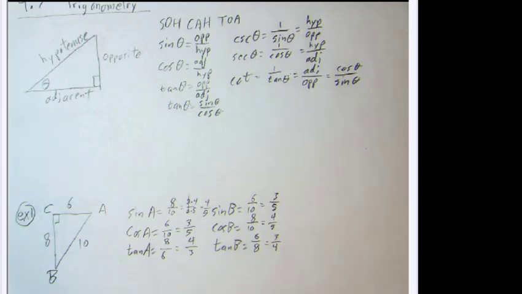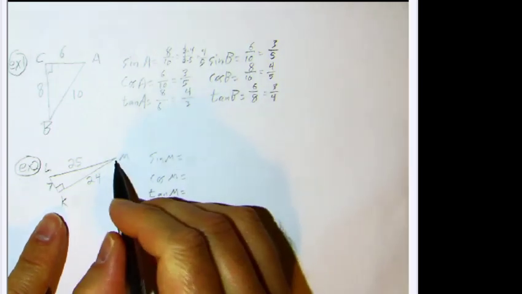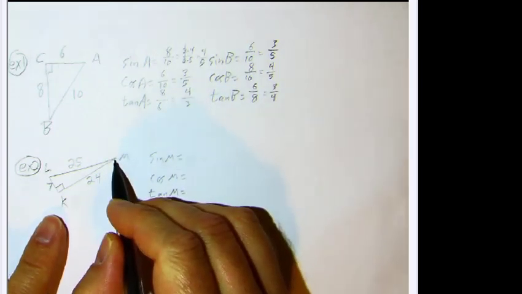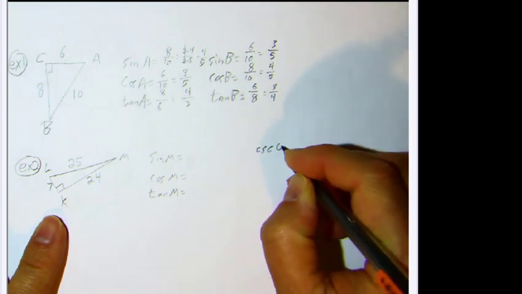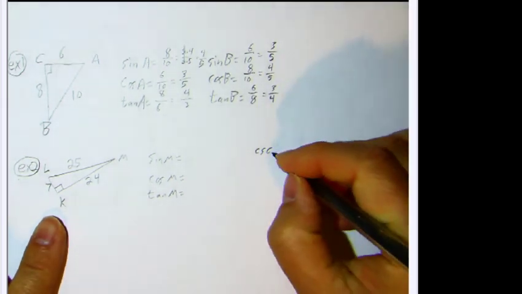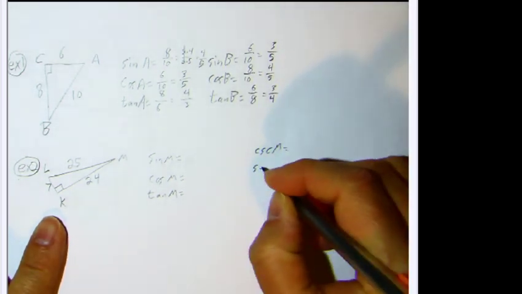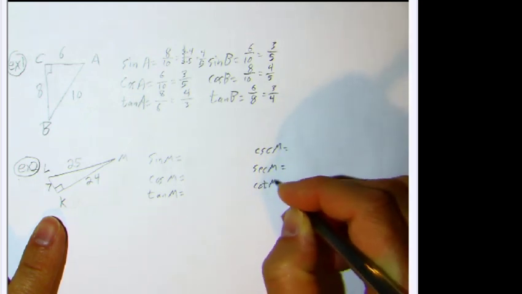All right, next example. Here, sine of M. We start from angle M. And let's go ahead and do cosecant, secant, and cotangent as well.